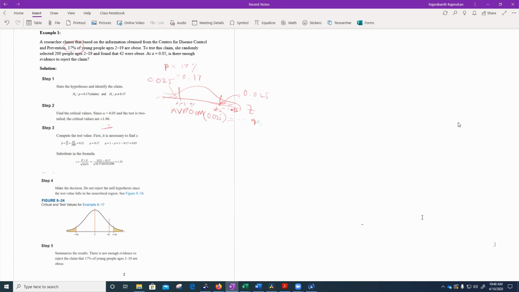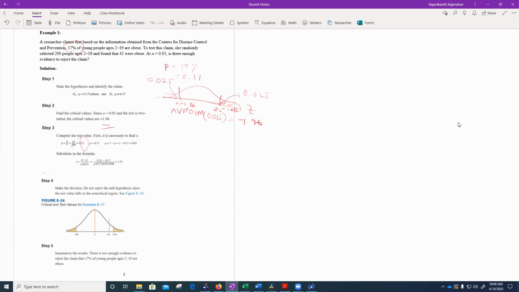Now find the test value. You know how to find the test value, so use the formula. The formula: p hat is x over n. What is x here? The number of people who have the problem. There are 42 of them out of 200. So use that fraction and simplify, which is 0.21. Once you know p hat is 0.21, keep that.